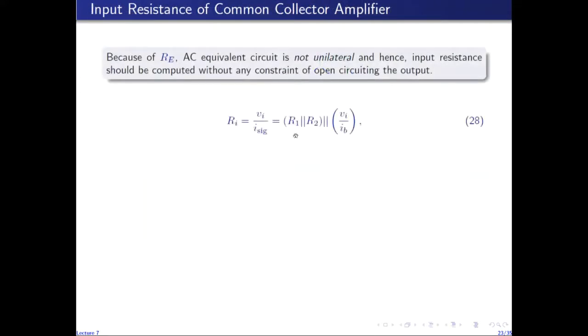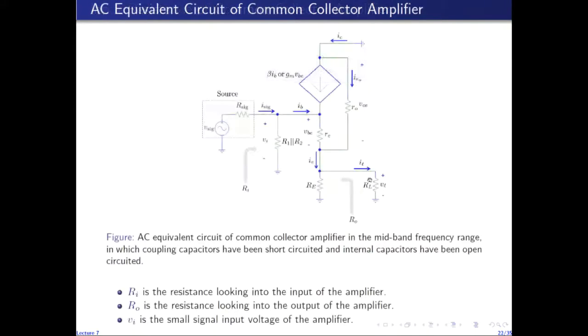So Ri is actually this equivalent resistance in parallel with the resistance seen looking into the base, VI over IB. So we can write VI in terms of IB through this expression by noting that VI, the voltage at the base, is equal to VBE plus the voltage at the emitter. Voltage at the emitter is given by this equivalent resistance RE in parallel with RL times IE.